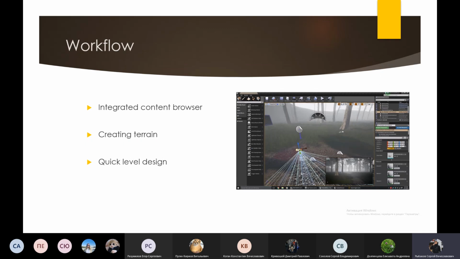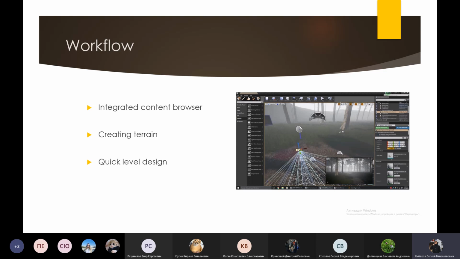Let's go further. Workflow. The content browser is an integral part of the user interface, and it allows us to quickly explore your scene's inter-file structure to find different assets and drag them straight into the viewport that you can see on the picture.